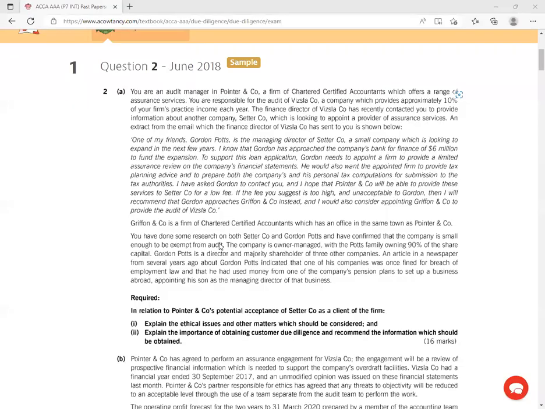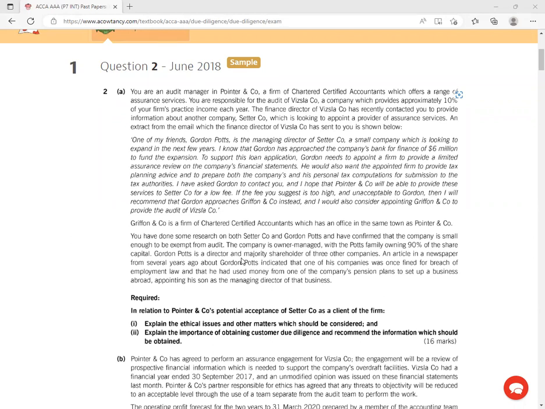Now, ladies and gentlemen, we are told here, you have done some research on both Theta Company and the Gordon Port, the director, and have confirmed that the company is small enough to be exempt from audit. The company is owner managed, with the Port's family owning 90% of the share capital.